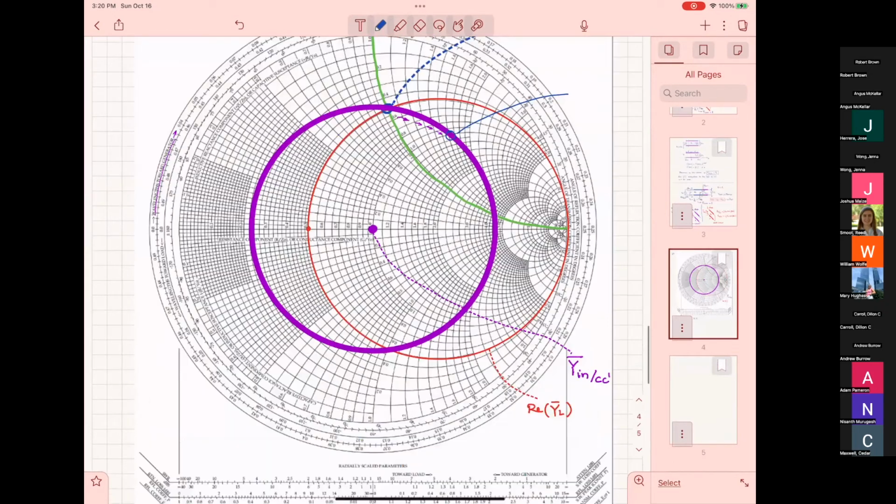Therefore, I can only stop where this line, the resistive part circle that has a real part of 1, takes me. So I need to be on this circle. Let me also show it better here.